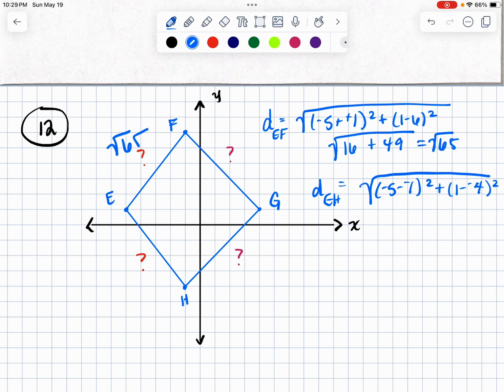Okay, so let me make sure I'm doing that right. Negative, and then 1 minus negative 4. Yeah, that's correct. Okay. So that gives me what? That's 16 again. And this time it's 25. So 16 plus 25 is what? 30, 41, square root of 41.